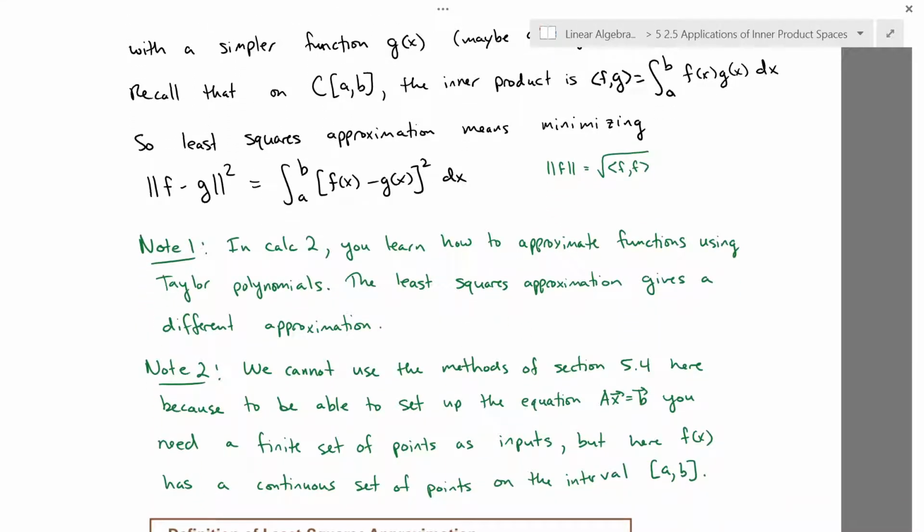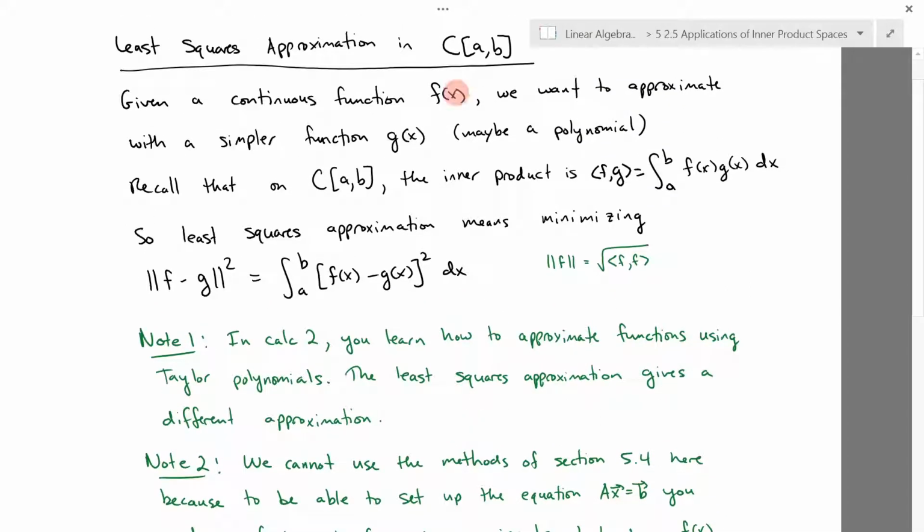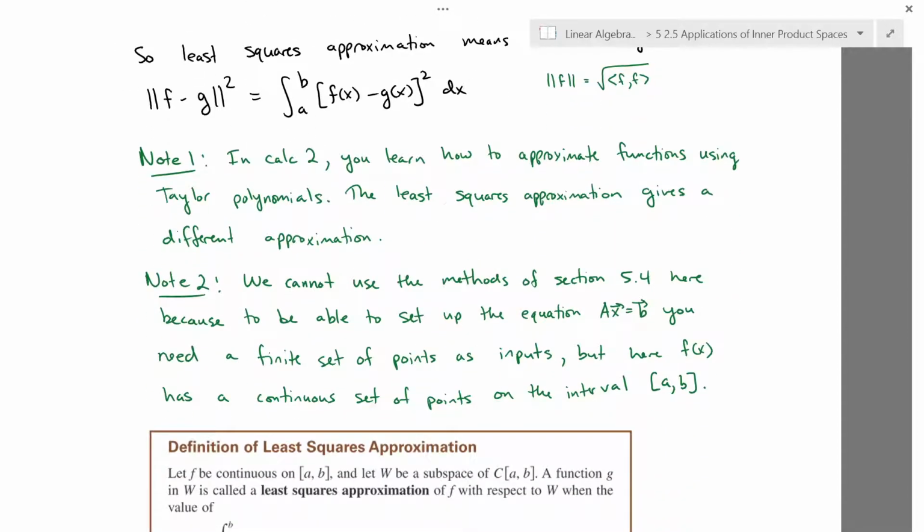And then the second thing to be aware of is that, because a continuous function on an interval has a continuous set of points and not a finite discrete set of points, we can't use the methods of section 5.4, right? To set up the matrix equation AX equals B, the input for A and B is a finite set of points.